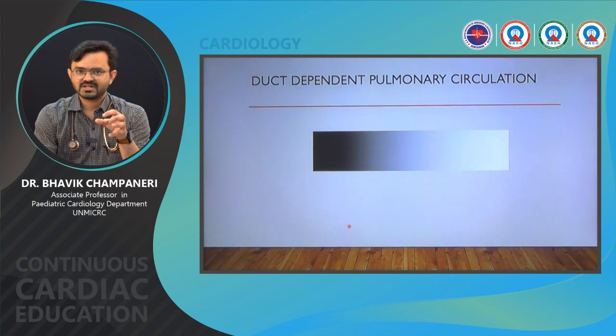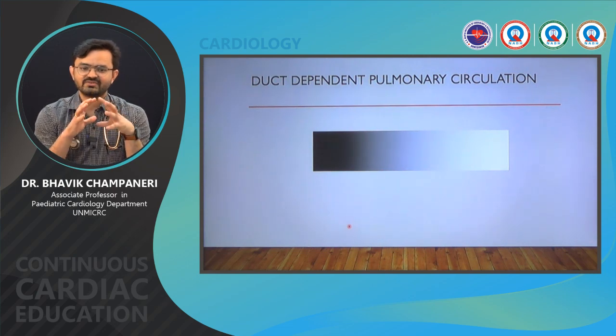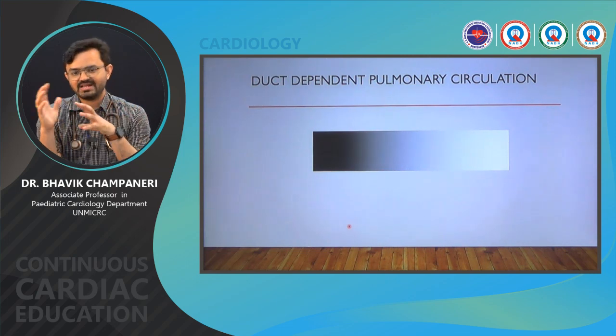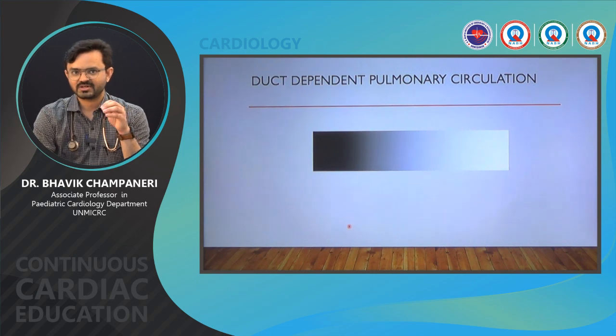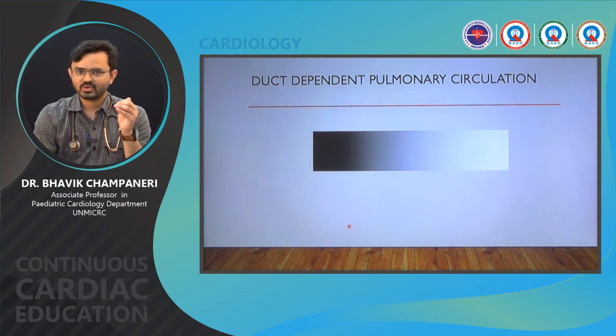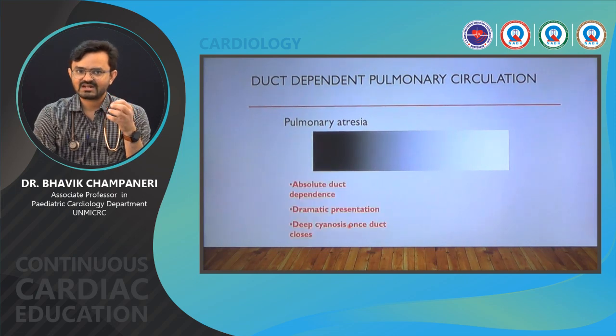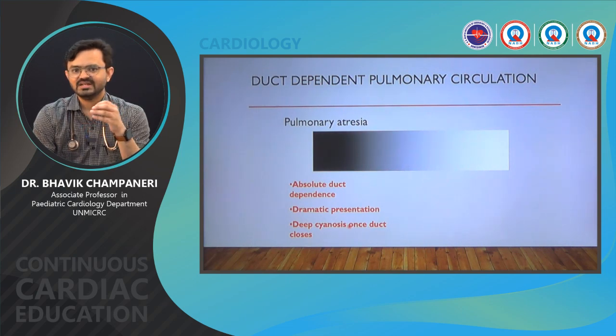Duct dependent pulmonary circulation has a range from an extreme variety to milder forms. The extreme, darkest form is pulmonary atresia, where the presentation is very drastic. It's absolutely duct dependent. As the duct closes, the patient will present with severe cyanosis and acidosis, and will become very sick early.